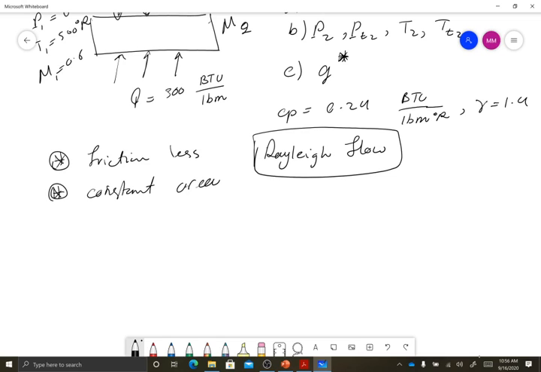I did the Q equation, but I used the total temperature. I used the isentropic table to find that TT1 was 536. Okay. The total temperature, the TT1, is actually 536, as Ryan mentioned. But I will explain to you.